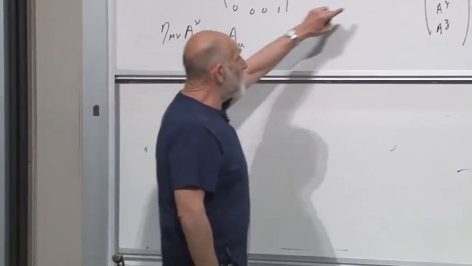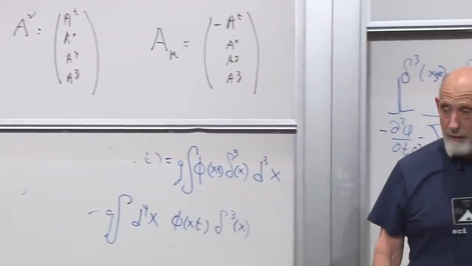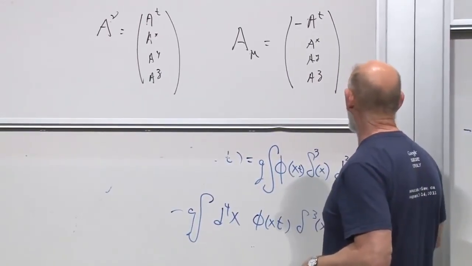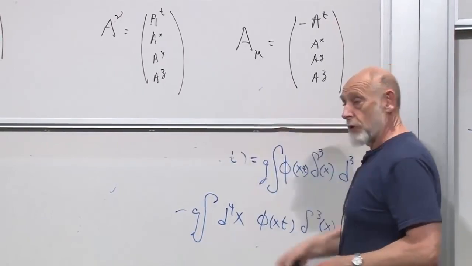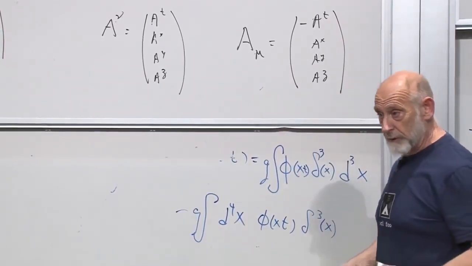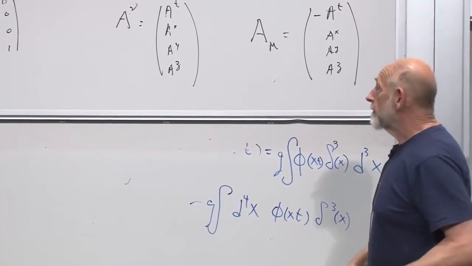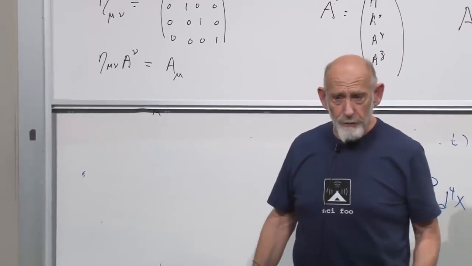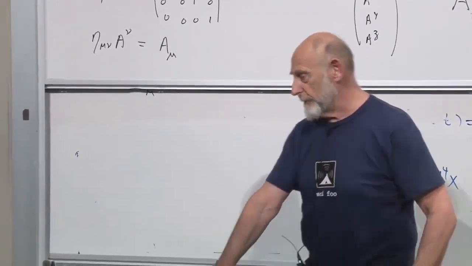The vector with the upper index here is called a contravariant index, and the thing with the lower index is called a covariant vector index. Upper, it's contravariant. Lower, it's covariant. But I don't use that terminology because I always forget which is which. I just call them upper and lower. Okay, it's easier to remember.